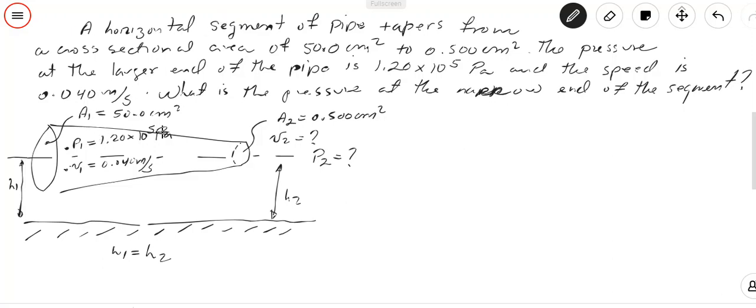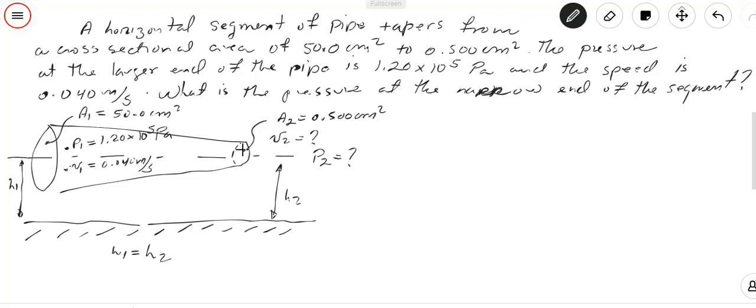So basically, we have a pipe with a conic shape, right? And then we have this area here that has 50 centimeters squared. The pressure at this region is 1.20 times 10 to the 5th Pascal, and the velocity of the fluid in this part is 0.040 meters per second.